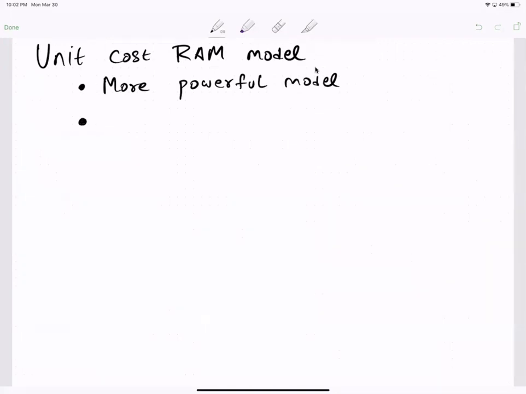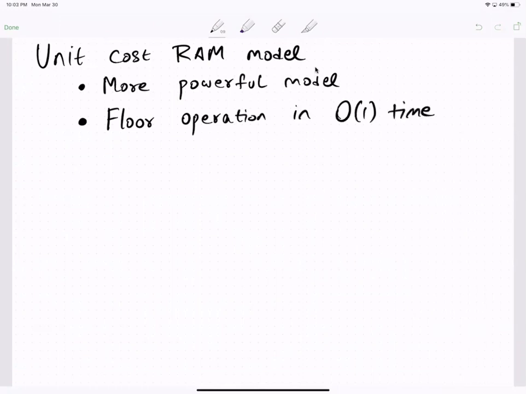Why is it more powerful? Because we can do one operation which is called the floor operation, or the ceil operation. We don't need ceil. The floor operation is enough for us, in constant time. If you don't remember what the floor operation is, we'll see as we start describing the algorithm.